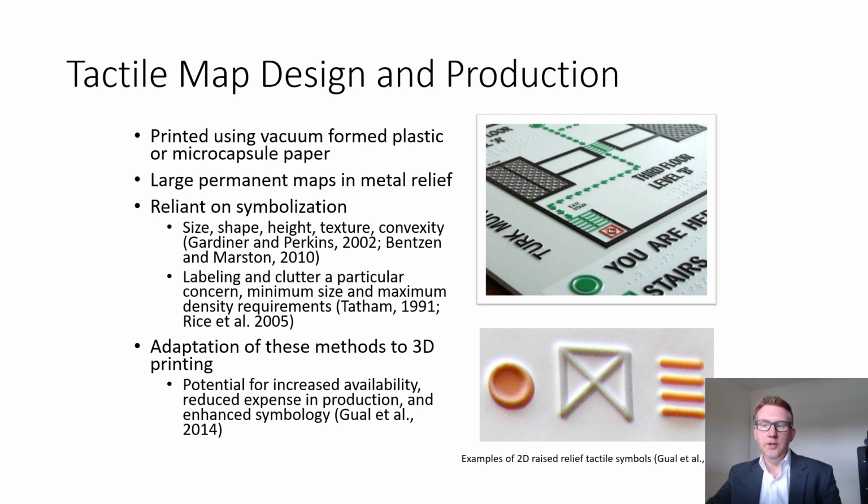That symbolization is very interpretable, but it can also be one more thing to learn, a bit of a barrier to use. But tactile maps have been around a long time, and if you're interested in some of these things, please do let me know. This is actually an active area of research for me.